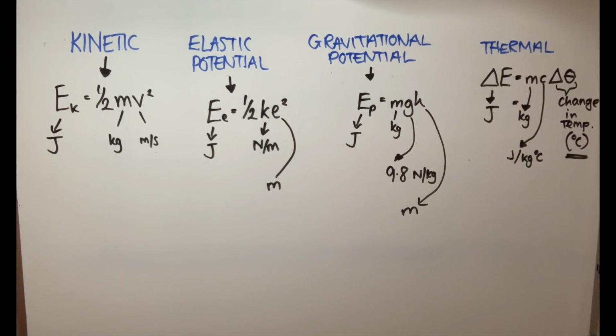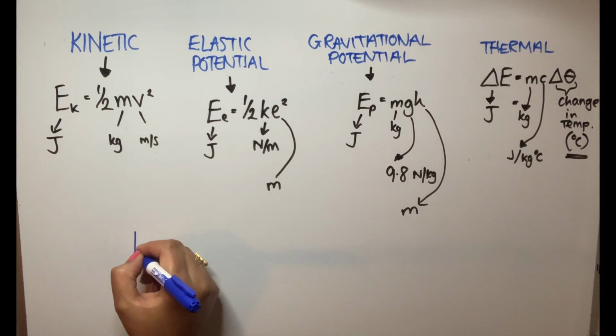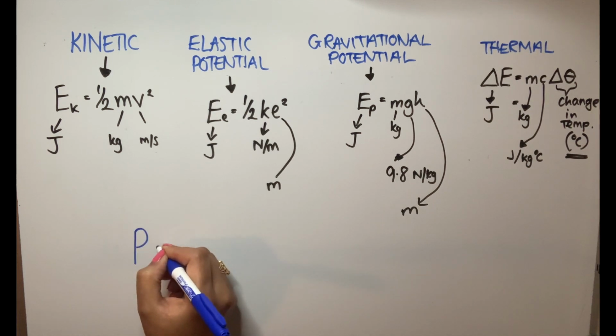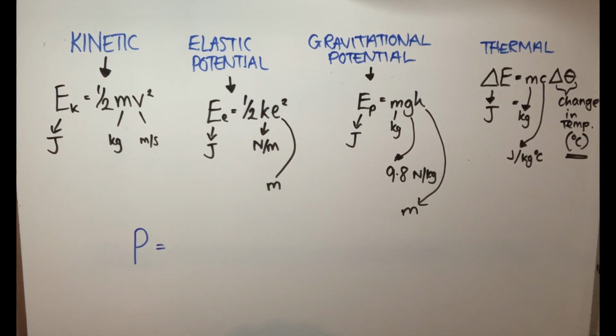The last part that we're just going to go over is we may want to know the rate at which energy is transferred. In other words, we want to know how quickly energy is transferred from one store to another, and that is known as power. Power is represented by a P, and we have two equations that we can use to work out power.